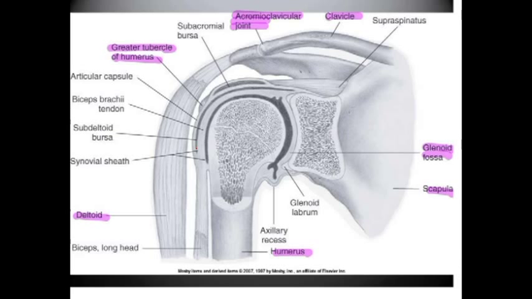So here we have another demonstration of the deltoids. As you can see, it gives the shoulder this rounded, sloped appearance.